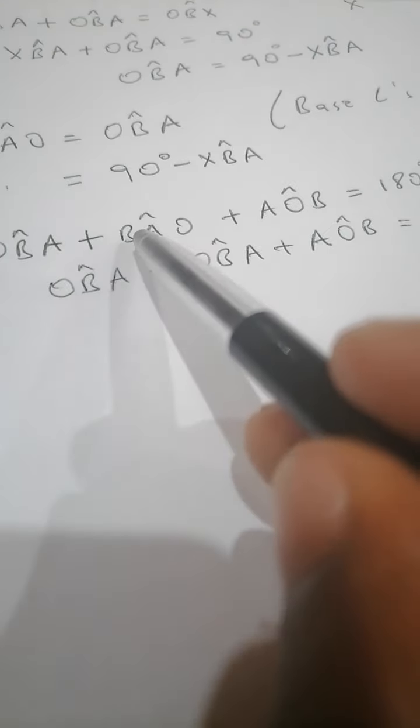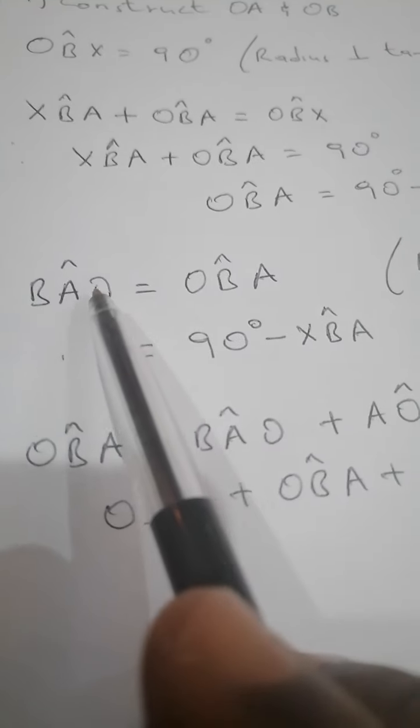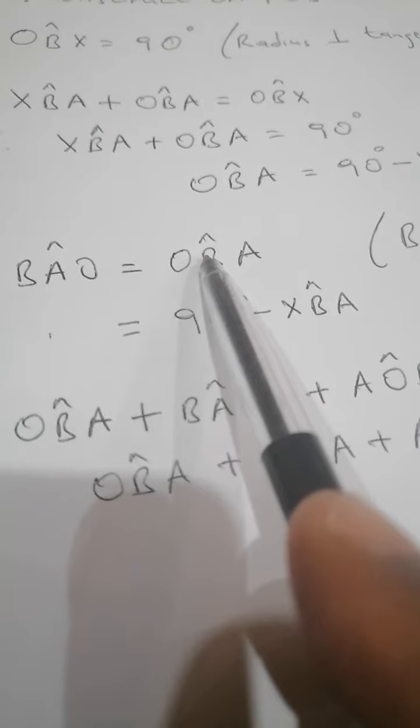But angle OBA is equal to angle BAO, so angle OBA plus angle OBA plus angle AOB equals 180 degrees, because we've shown that angle BAO equals angle OBA.